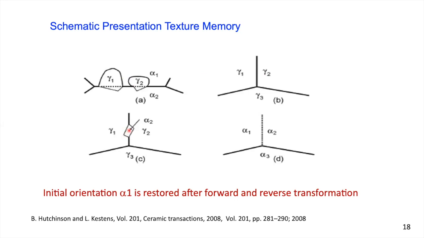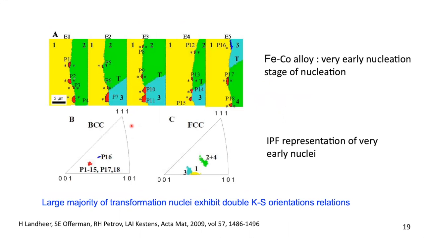So here, during back transformation, the ferrite grain that nucleates at this special austenite boundary will be precisely the ferrite grain alpha 2 that existed on that location before, and that explains the texture memory effect.